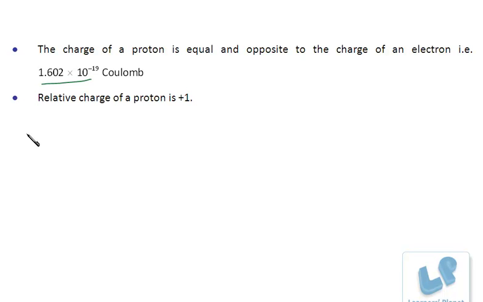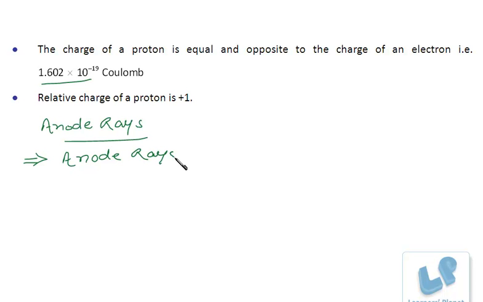Again, there are a few properties of the anode rays. As we have discussed the properties of the cathode rays, there are a few properties of the anode rays also. Now, the anode rays travel in a straight line.